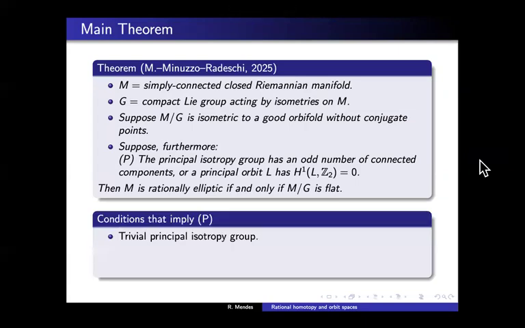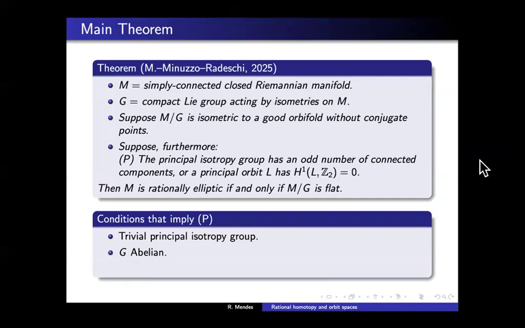I'll just point out some more or less obvious things that imply condition P, just to give a feel. Of course, if the principal isotropy group is trivial, it has one connected component, and 1 is an odd number, so you would be in that situation.